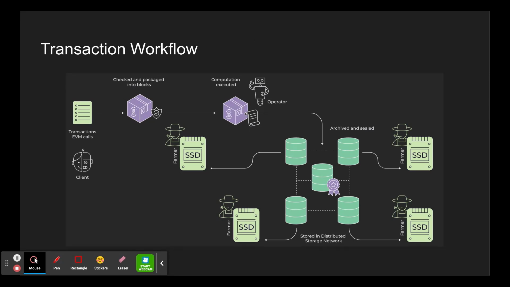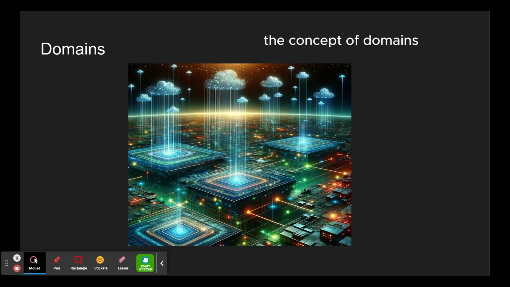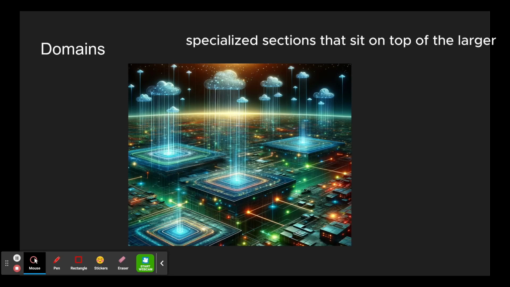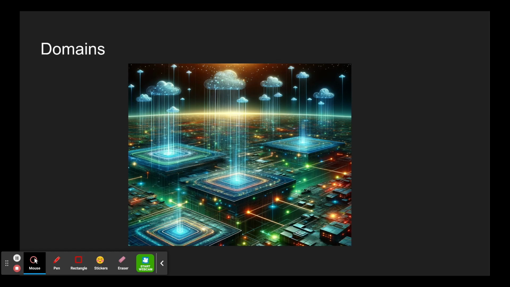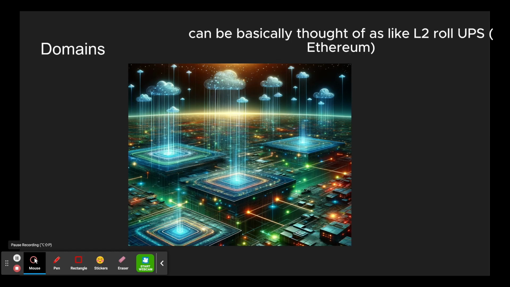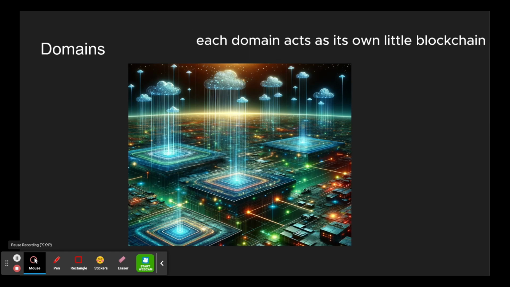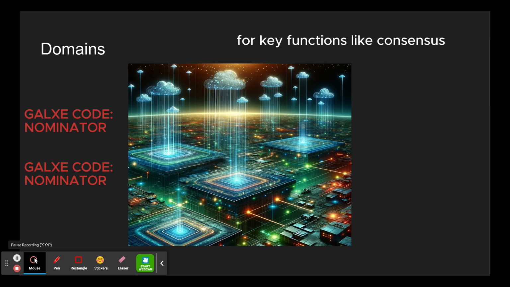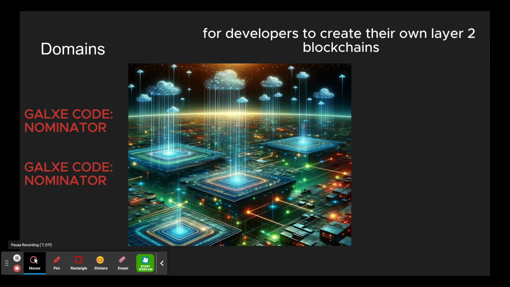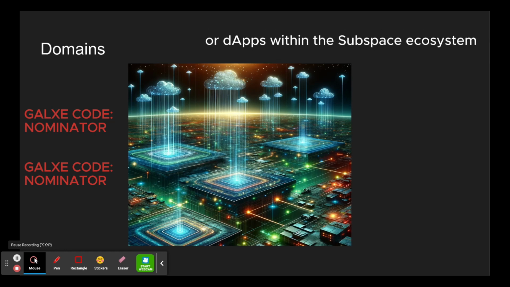I also want to introduce the concept of domains, which are really important to Subspace. Domains are like smaller specialized sections that sit on top of the larger Subspace network, and can basically be thought of as L2 rollups. Each domain acts as its own little blockchain, but relies on the main Subspace blockchain for key functions like consensus and settling transactions. Domains make it easier for developers to create their own layer 2 blockchains or dApps within the Subspace ecosystem.